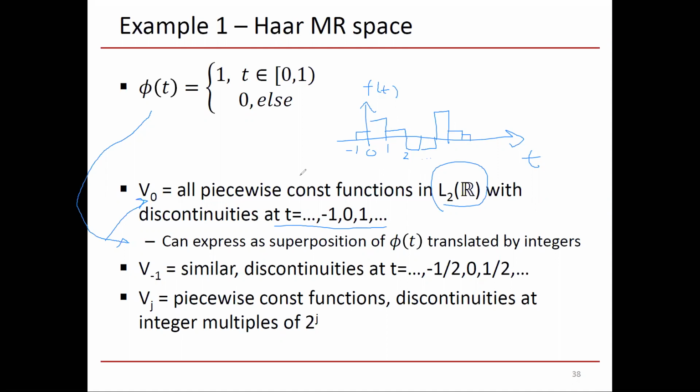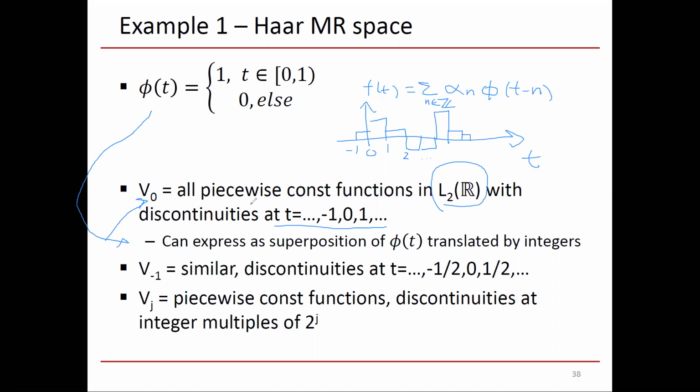And we can express f of t as a superposition of phi of t translated by integers. So this is a summation over, let's say, integers n, where n is an element of script Z. Script Z means the set of integers. Alpha n phi of t minus n.